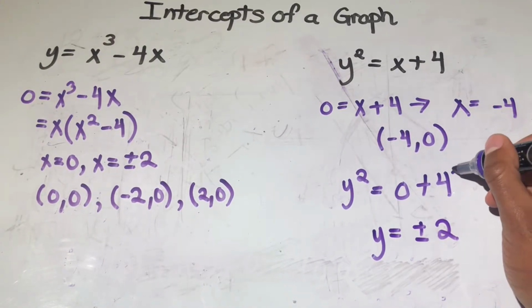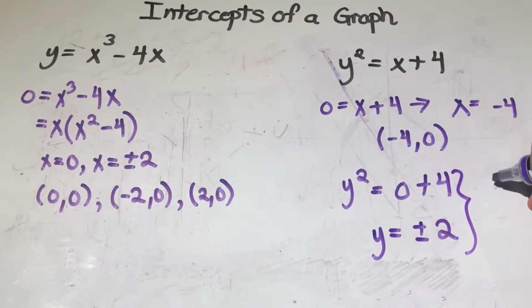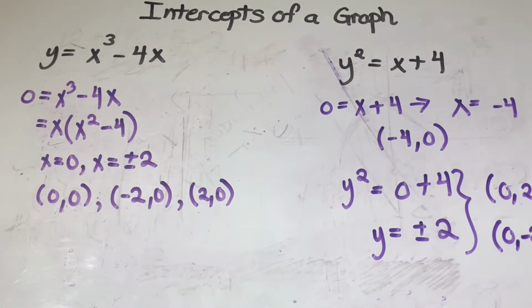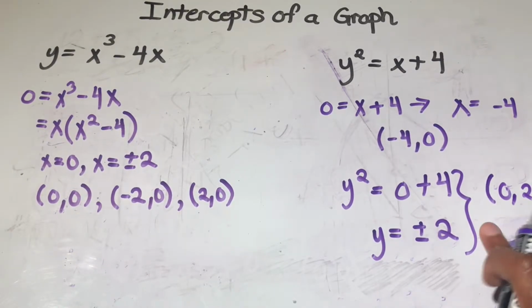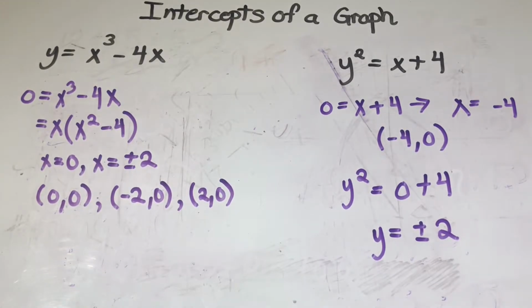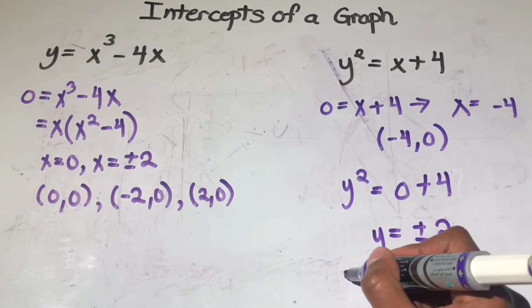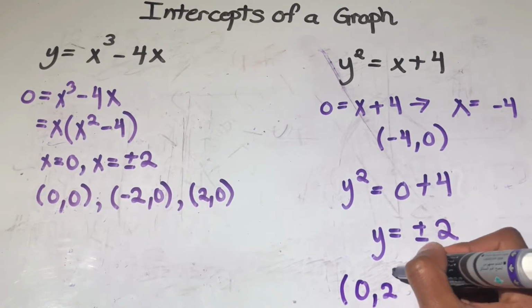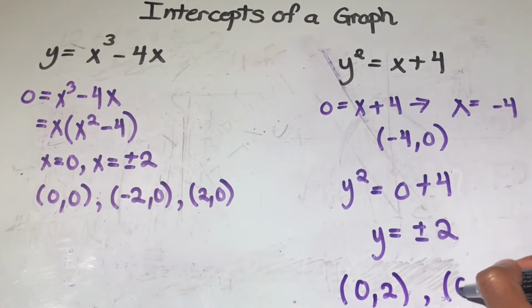So these points correspond to 0 and 2, 0 and negative 2.